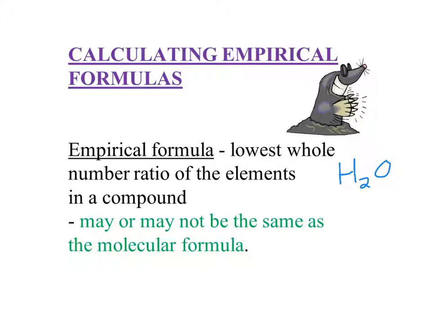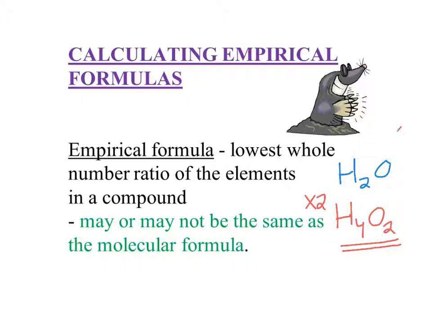What I can do is scale it up into something like this, H4O. Now obviously, it would be H4O2. So everything that I've done, I've basically scaled up by a factor of 2. What's written in red is not an empirical formula because it's not the simplest formula that we can have.